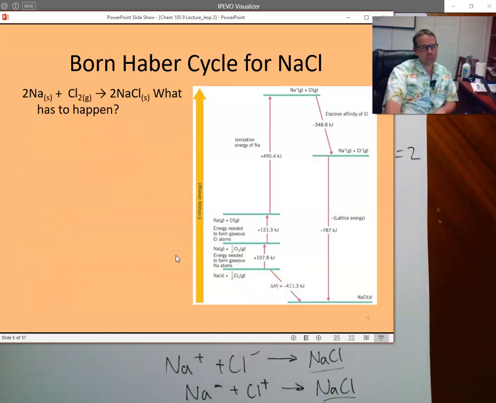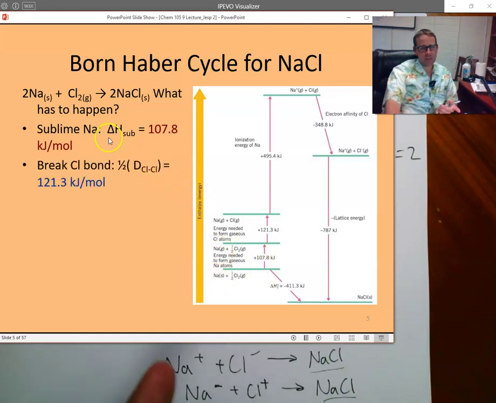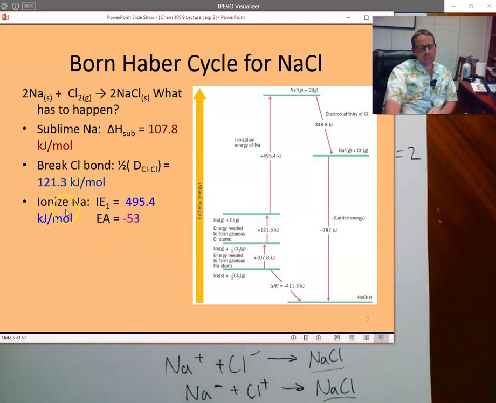Free will, right? Well, the energy associated with sublimation, taking sodium to sodium gas, would be the same. The energy necessary to break the chlorine bond would be the same. The energy to ionize sodium, instead of requiring 495.4, if we're going to instead use the electron affinity, so one is the ionization energy and one is the electron affinity, right?